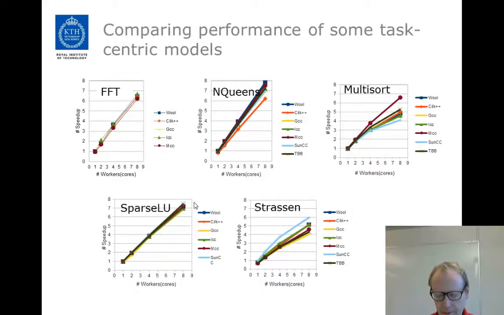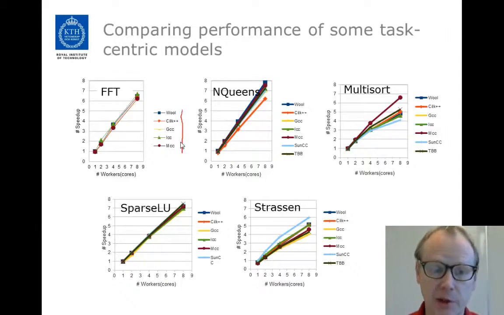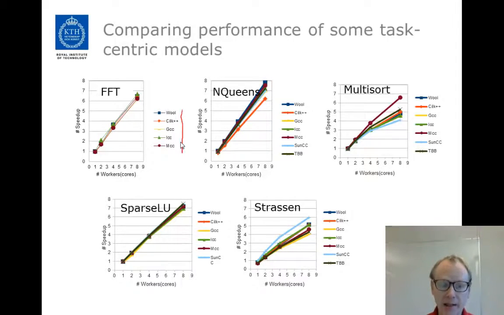If you compare Wool with some other models, you can have a look at these graphs here. For each graph here we have from top Wool, then we have Silk++, which is a predecessor to the current Silk+. We can have GCC's OpenMP implementation, Intel C compiler's OpenMP implementation, and MCC, which is an experimental research compiler and runtime system developed by Barcelona Supercomputer Center.